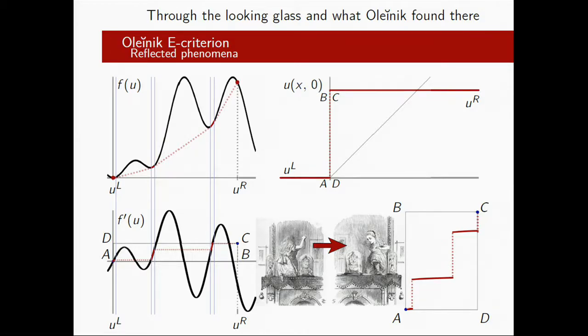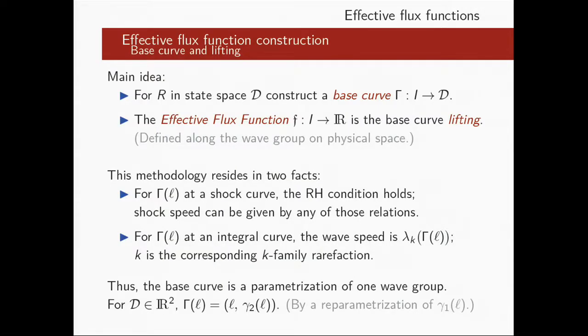So now I have this profile and I can do the evolution of the solution here, and it's the same as before. This idea is very easy, and the question is how to translate that to systems of conservation laws. So I want to try to make what I call the effective flux function. Maybe the name is not the right one.